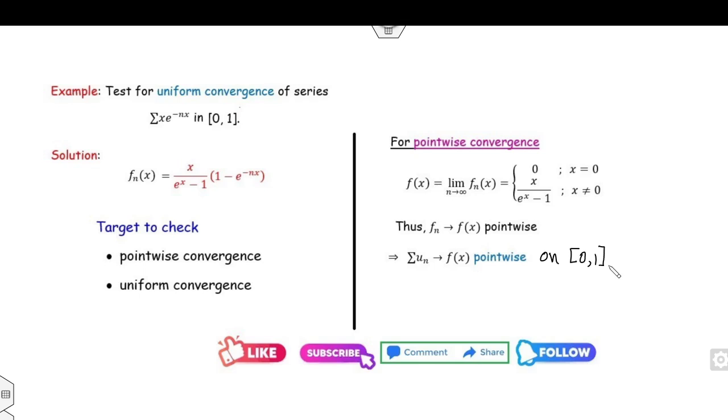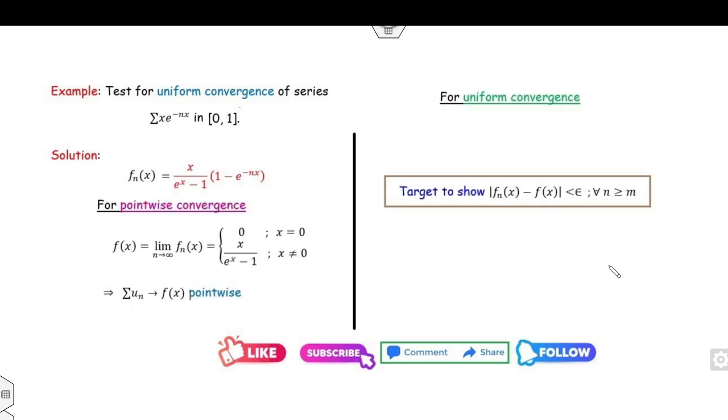Now to check the uniform convergence, again it's your choice whether you want to apply the MN test or you want to apply the definition. Clearly, in this case nothing is written in the denominator, so I can apply the definition. What is the value of fn minus f? This is the value of fn(x). This is the value of f(x).